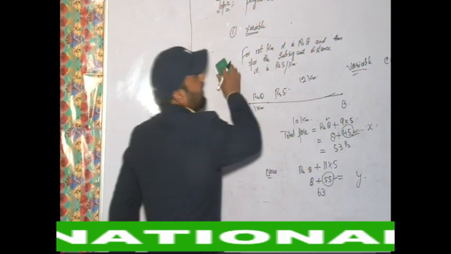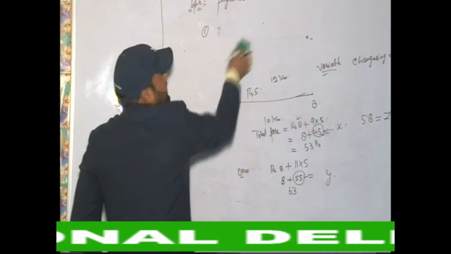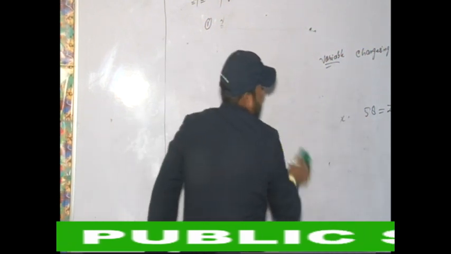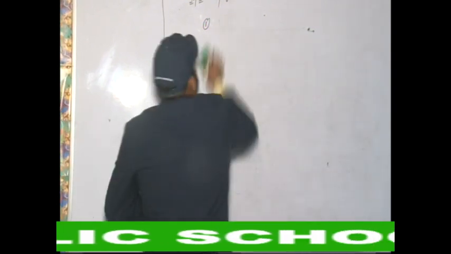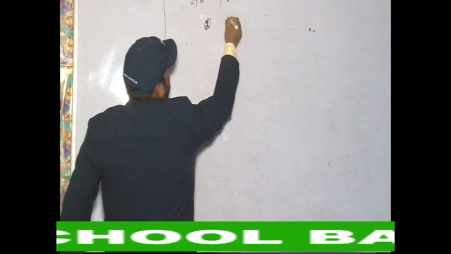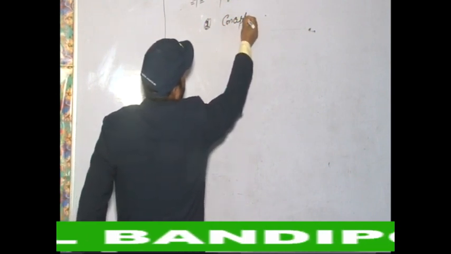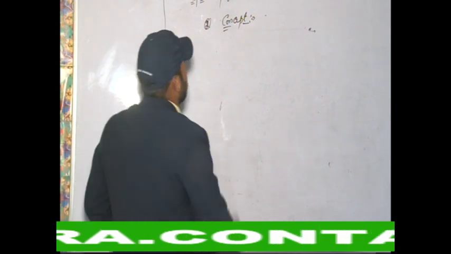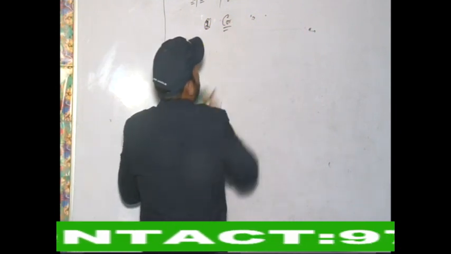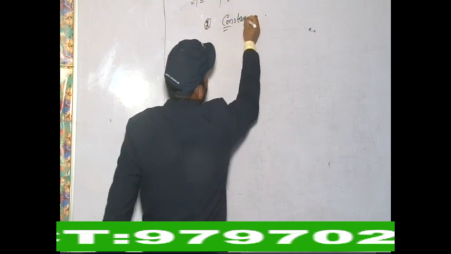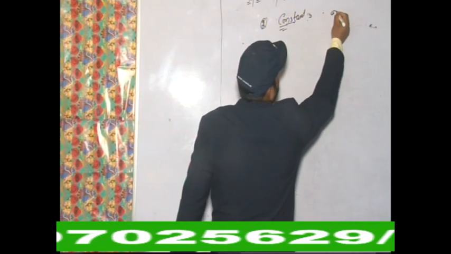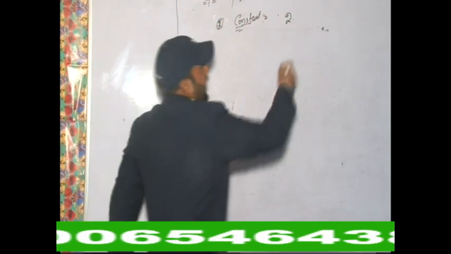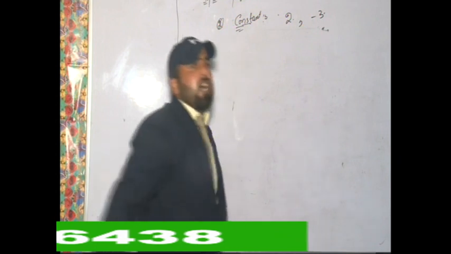The second concept is the concept of the constant. For example, if I take 2, its value is fixed. For example, minus 3, its value is also fixed.